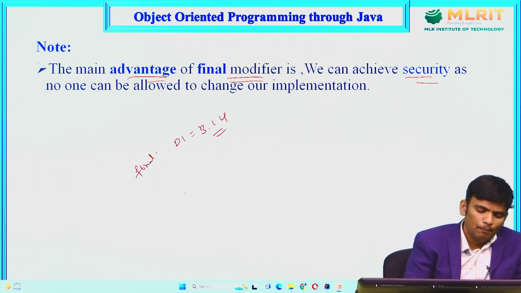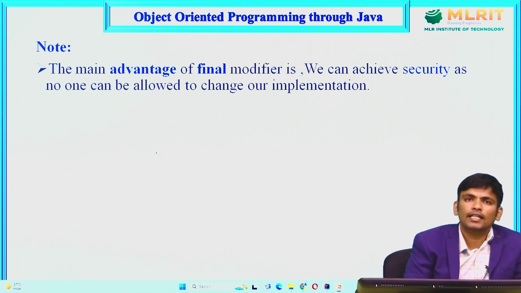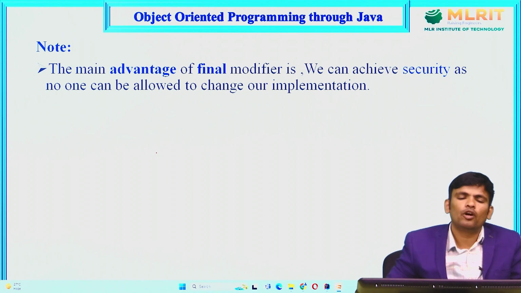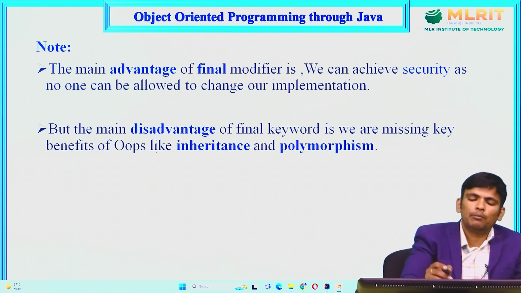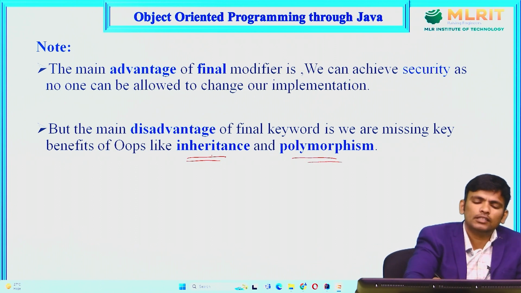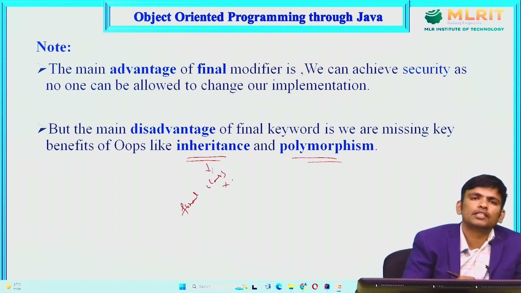But if you use final unnecessarily, when you don't have a requirement, it will stop the key benefits of object oriented programming, like inheritance and polymorphism. If you use the final keyword on a class, the inheritance concept is affected.